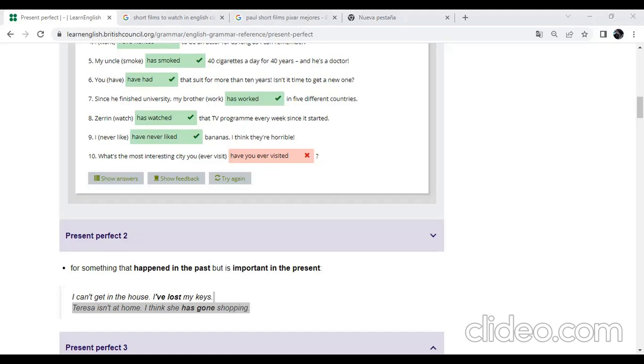So first one, I can't get in the house. I've lost my keys, and Teresa isn't at home. I think she has gone shopping. So the something that happened in the past, can't get in the house. Why? Because the person lost the keys.